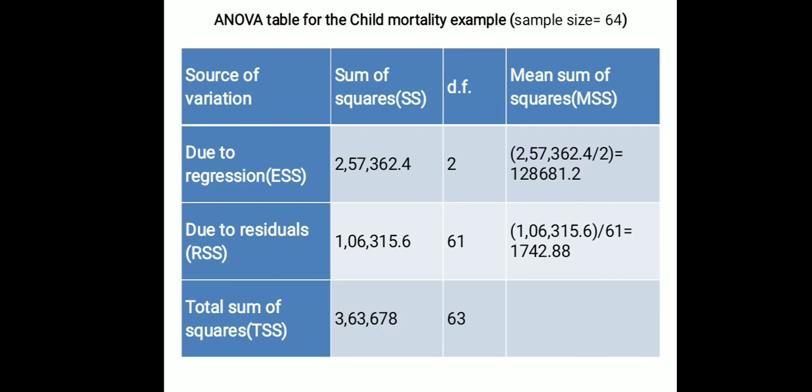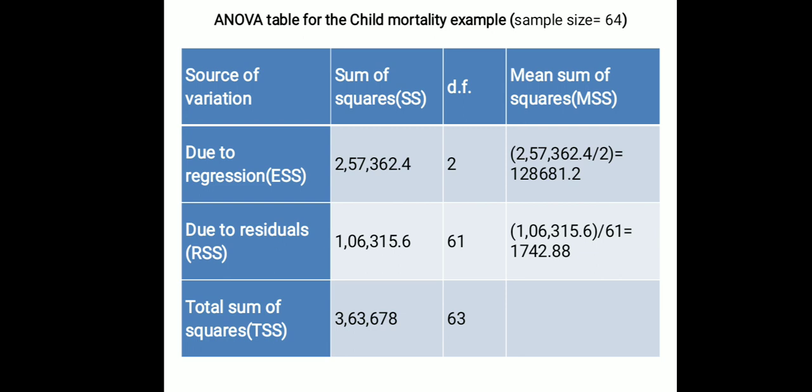So the sum of squares values are given. Here the value is 2,50,362.4 for the regression, and the sum of squares due to residuals or errors is 1,06,315.6. Degrees of freedom are 2 and 61, total is 63.